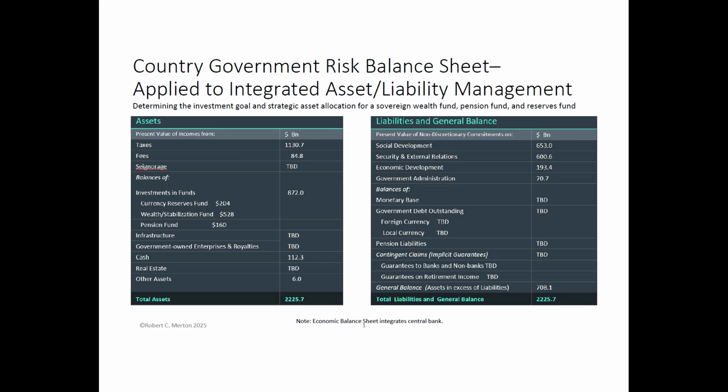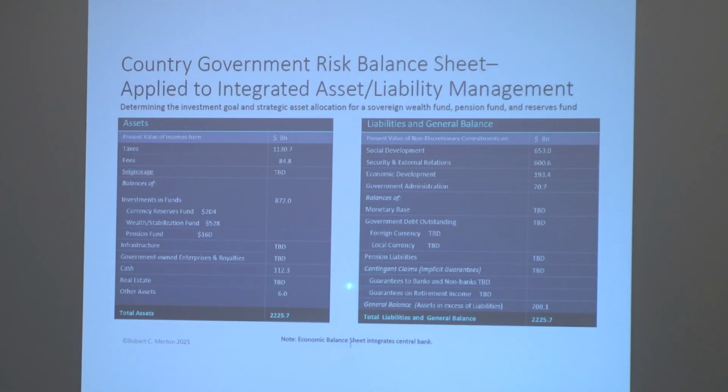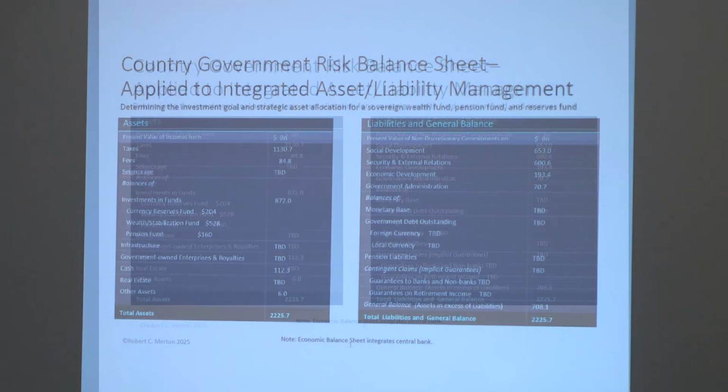Here, I just want to point out something that's not generally well taken, or in some cases not at all, and that is when you look at all the different liabilities, the contingent claims, the guarantees, which is where I'm going to go right now. The first point I wanted to make is that you put everything in here, and you can't know what's risky for your assets unless you know what you're committed to.